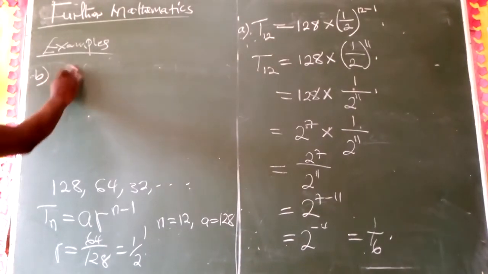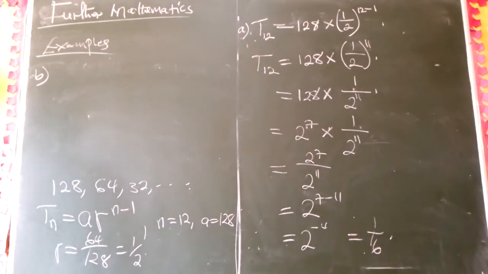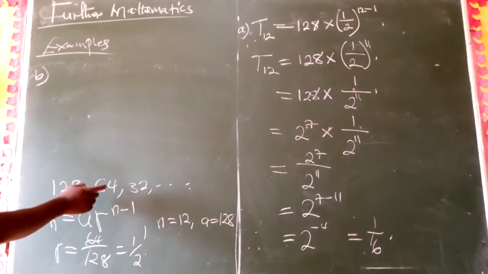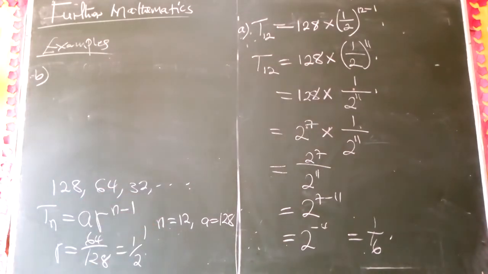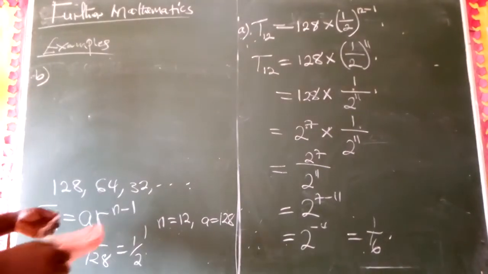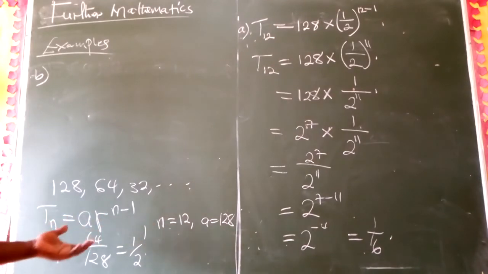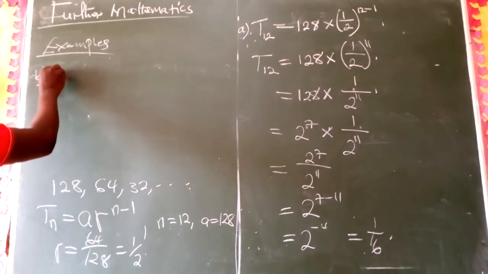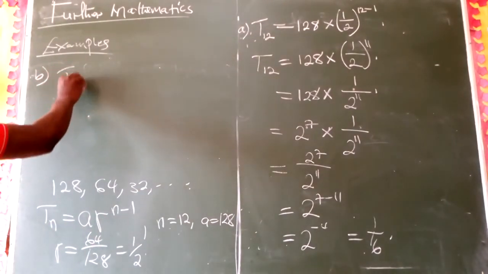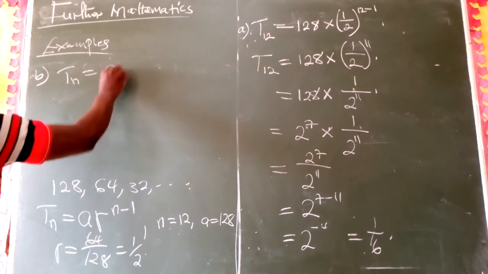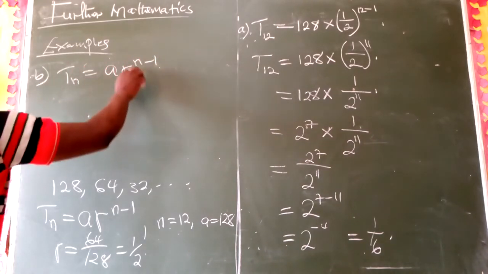We have 128, this and that. In finding the formula, it means that we can put everything inside except for the n, right? So I'm going to have the nth term, Tn, is equal to A R raised to the power n minus 1. So I'm not going to touch the n.